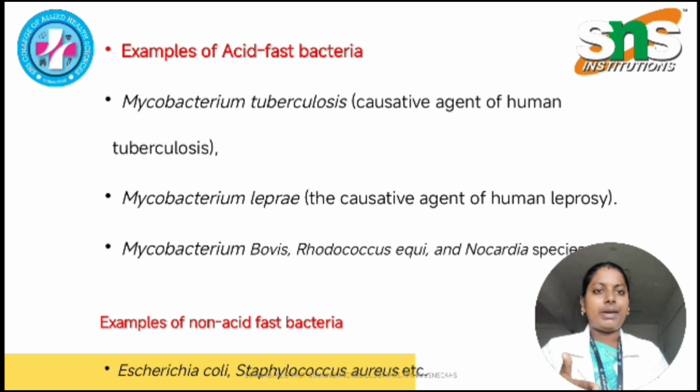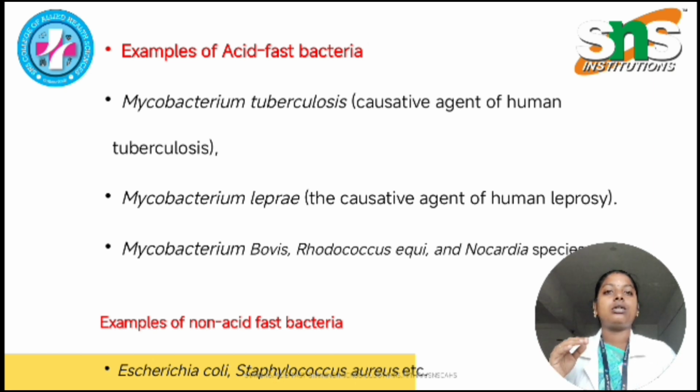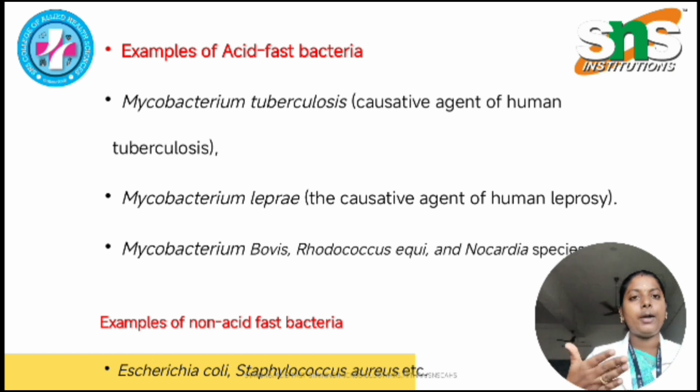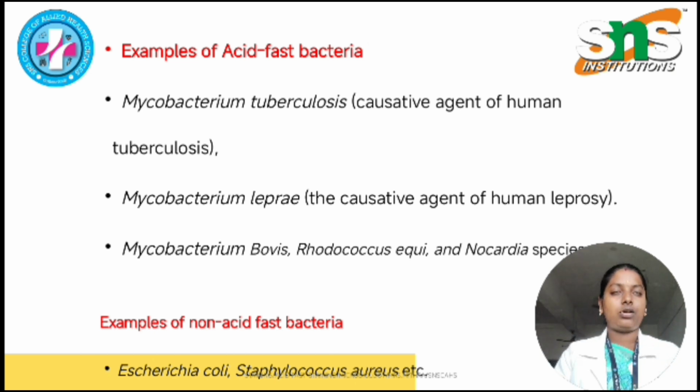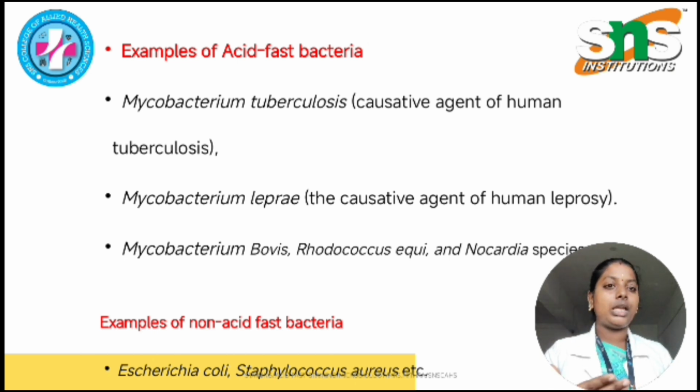Yes. These are the examples of acid fast bacteria and non-acid fast bacteria. Mycobacterium is the most common genus of acid fast bacteria: Mycobacterium tuberculosis, Mycobacterium leprae, and Mycobacterium bovis. Mycobacterium tuberculosis is the causative agent of tuberculosis in humans, and Mycobacterium leprae is the causative agent of leprosy in humans.